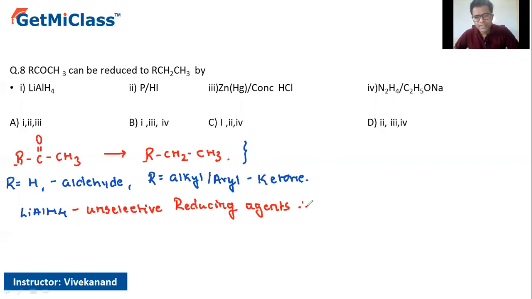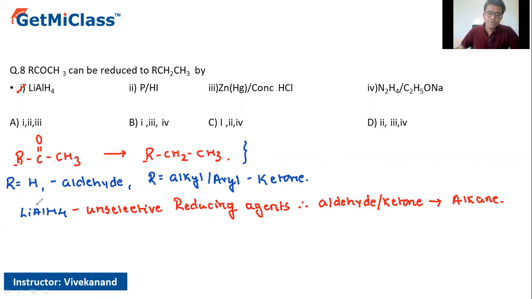So in short, it is going to help us convert an aldehyde or a ketone to an alkane. So therefore, yes, this one is correct. On the other hand, we cannot use phosphorus in the presence of hydrogen iodide to reduce the system. So this one is not possible to be used.